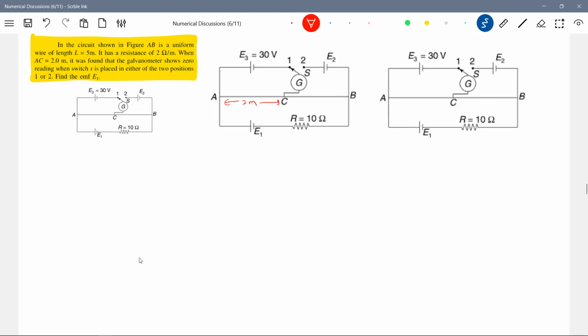Either of two positions means I can change the switch, and now also it will be 2 meter and the current to the galvanometer will be 0.